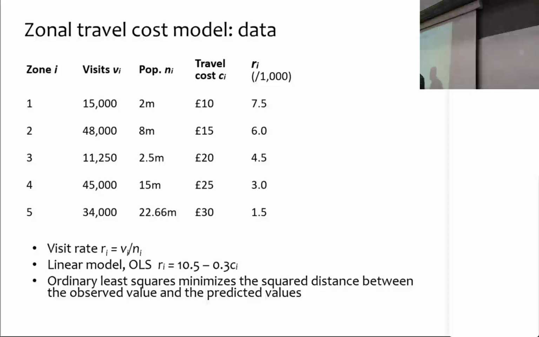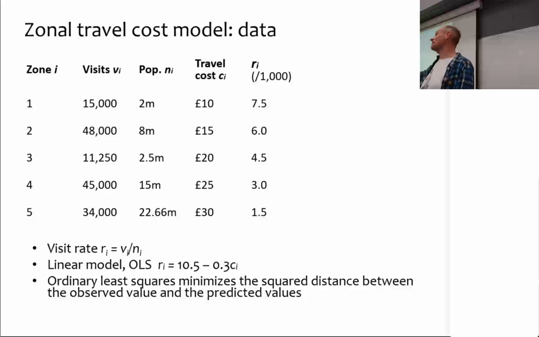I define the visit rate, and you can estimate a linear model to this, right? Where essentially what you say is that the visitation rate goes down as the costs of visiting go up, right? The price is higher, demand is lower. And in this case we have this particular fit, 10.5 minus 0.3 times the price.